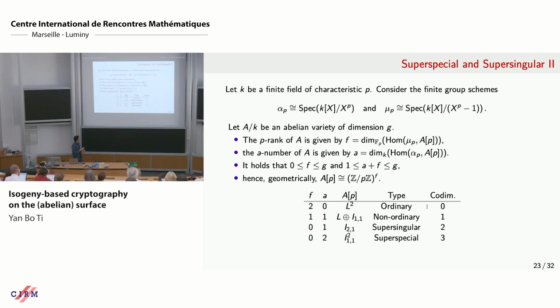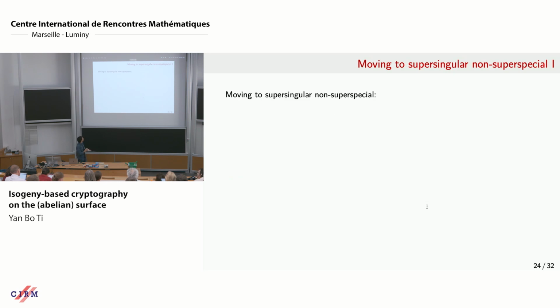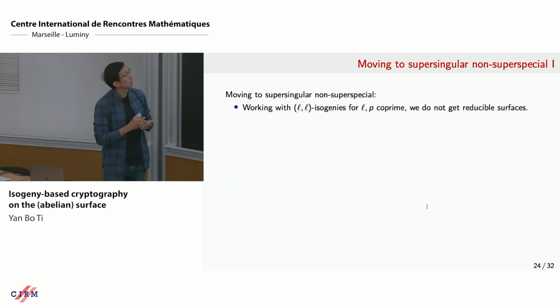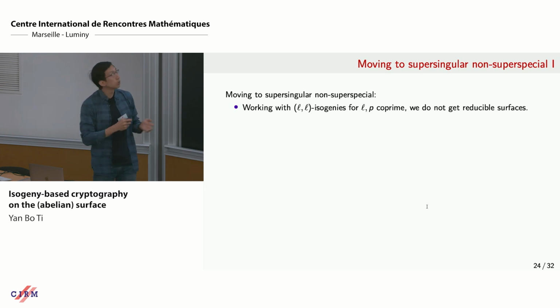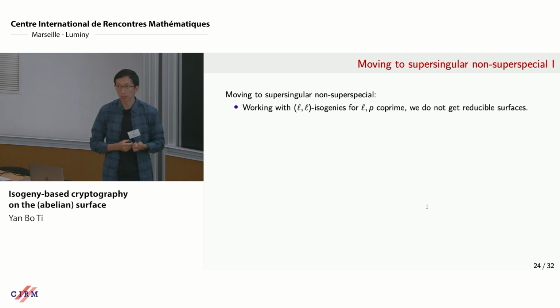But for supersingular non-superspecial, you're not able to do this. And this is why maybe people haven't started looking at that. But we are advocating for a move to supersingular non-superspecial. And the reason for this is that if you work over l, where l and p are coprime, you do not actually get reducible surfaces anymore.